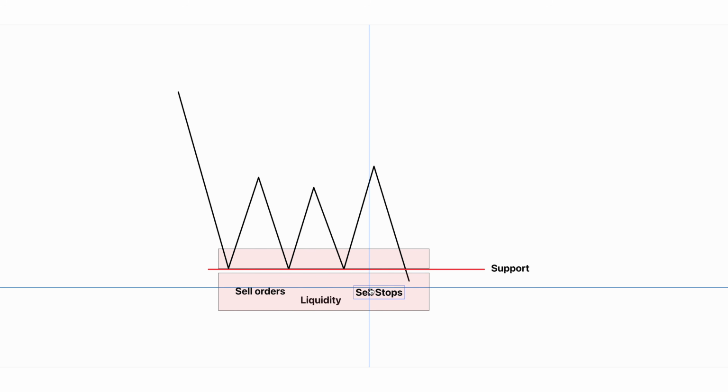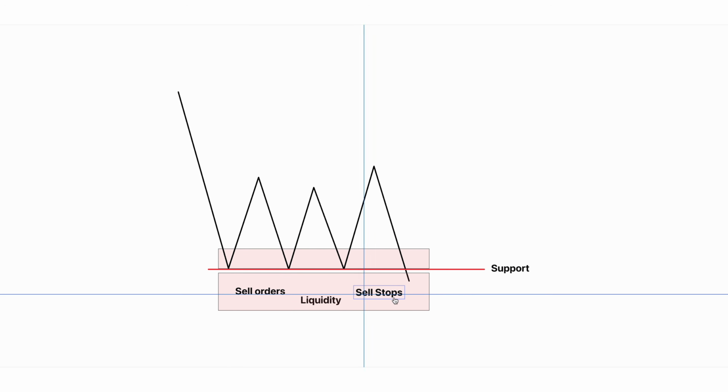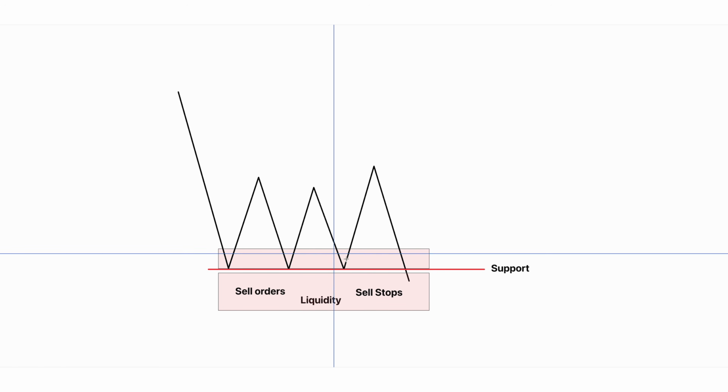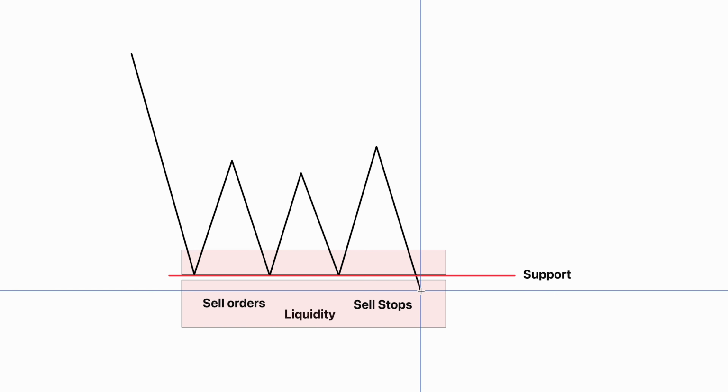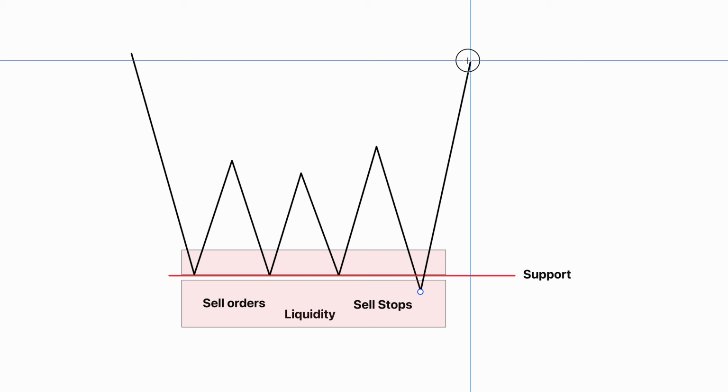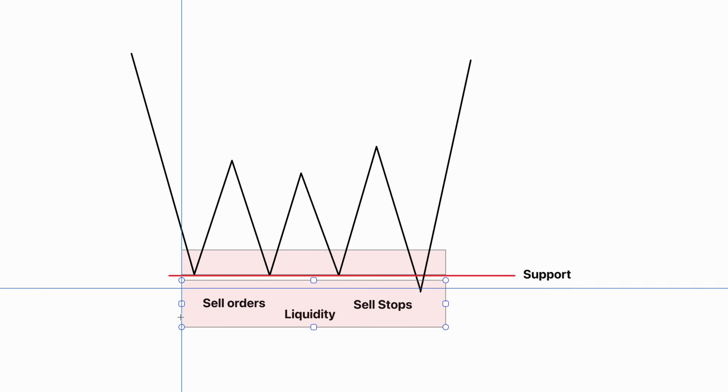If we have a massive collection of retail sell stops, sell orders here, creating liquidity, that means that a conflicting party, let's say an institutional trading firm, who wants to buy this market en masse, well, this is going to be their opportunity to do so when the market comes into here.